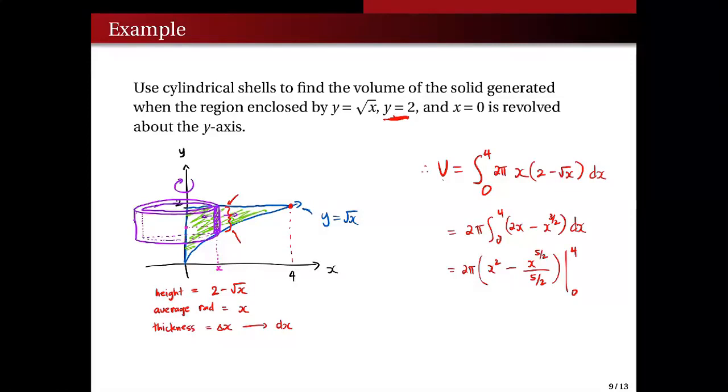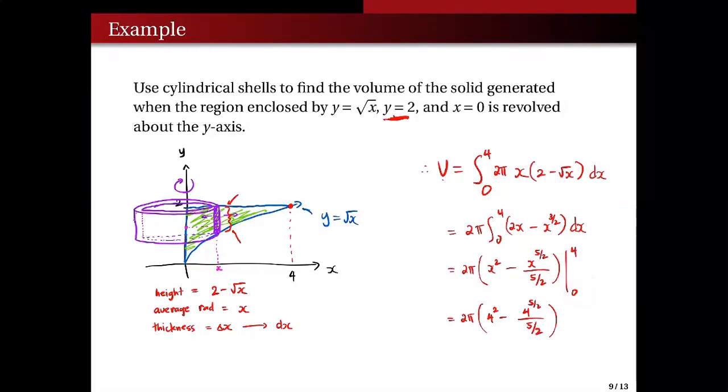After evaluation, we will have 2 pi times: at 4, you have 4 squared minus 4 raised to 5 halves over 5 halves, and then minus 0, which is just 0.